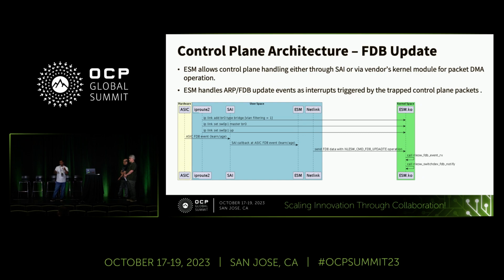We are not fully able to expose the kernel modules that will be used for trapping the packets or the events. That is still very vendor specific. So I'm just going to explain that the control plane implementation of punting packets into either SAI or the kernel directly is outside of our project per se. So we depend on the vendor's ability to do the necessary DMA and capture the packets to wherever they need to be captured.